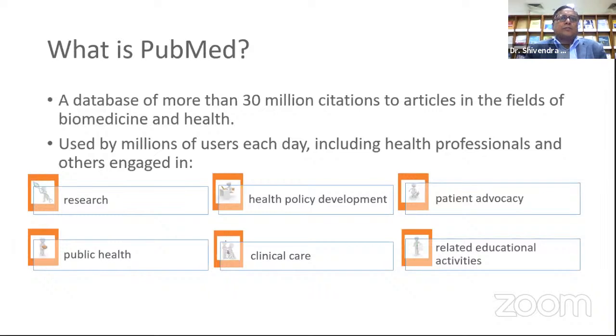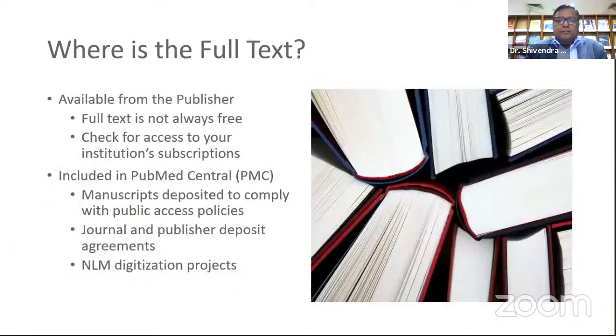You can use PubMed to find specific research articles based on some known information, such as a finding of the original research, health policy development, patient advocacy, public health, clinical care, and others.